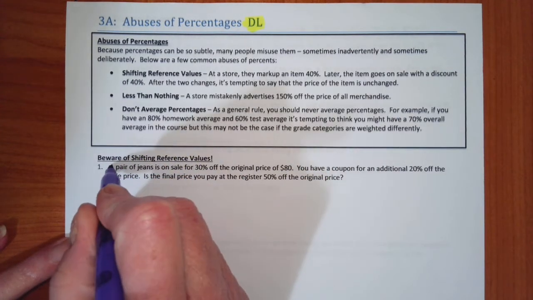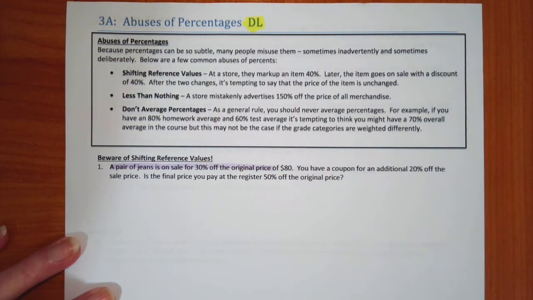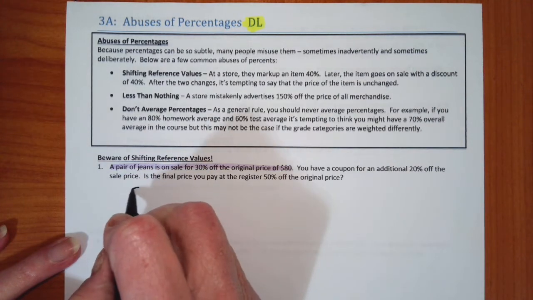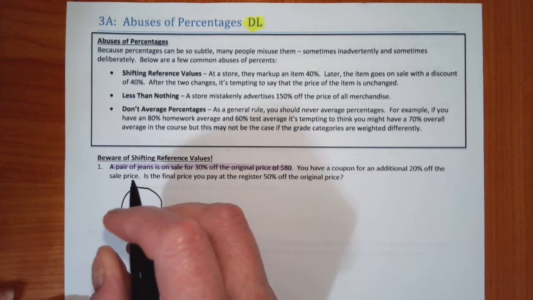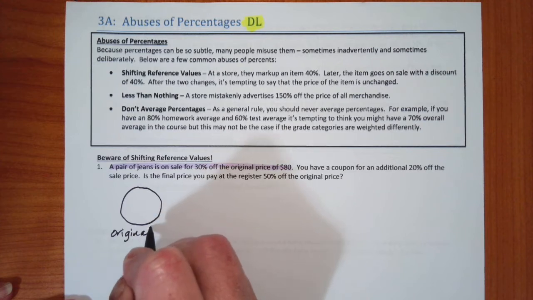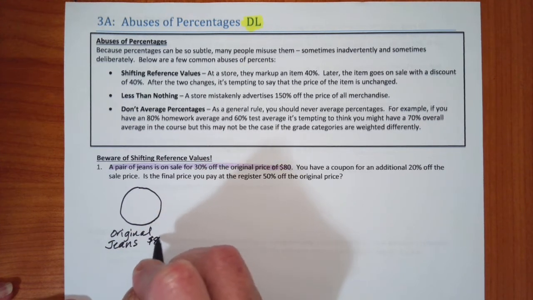Okay, so we start off with a pair of jeans on sale for 30% off the original price of $80. So in your first phase, and I'm going to draw the circles just to refresh us on that, these are the original jeans that are $80.